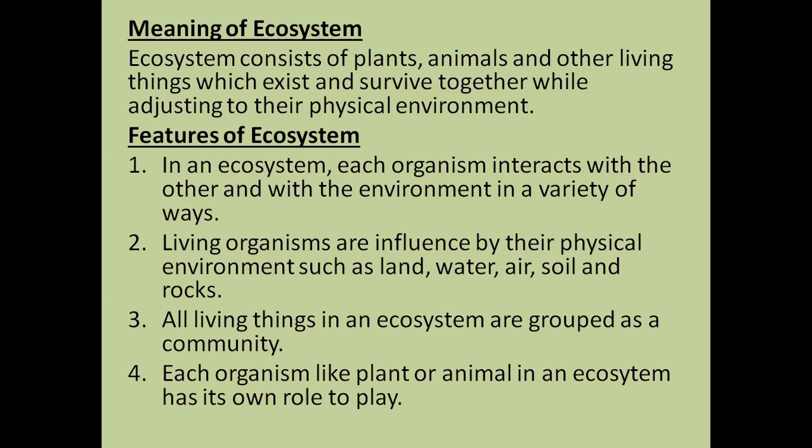Because of the ecosystem, there exists the food chain, or you can say a food web also. Now number two, living organisms are influenced by their physical environment, such as land, water, air, soil, and rocks. As I've already explained, the organisms will respond accordingly to the change in the physical environment.